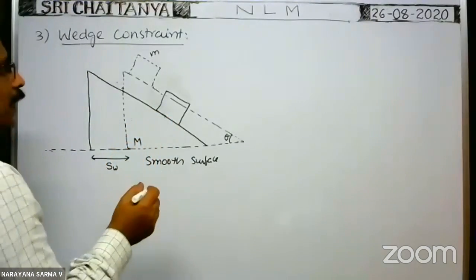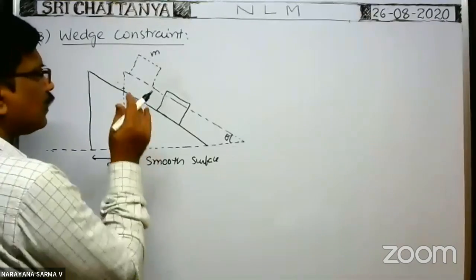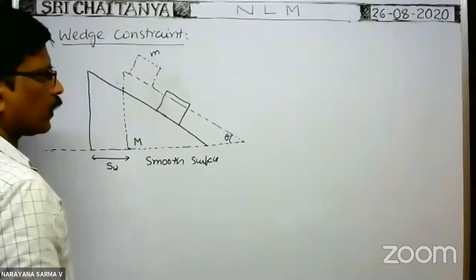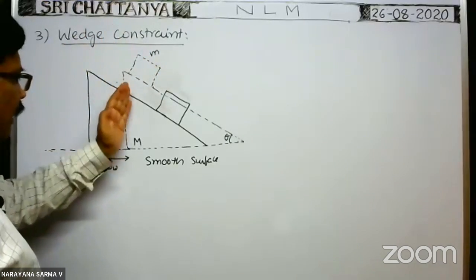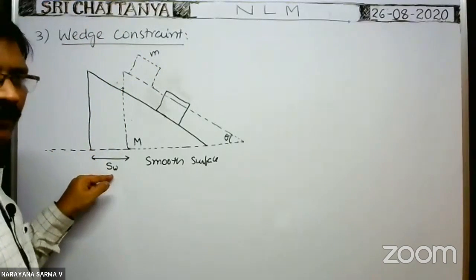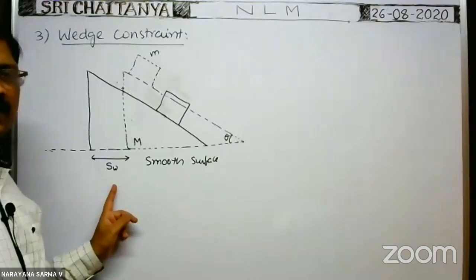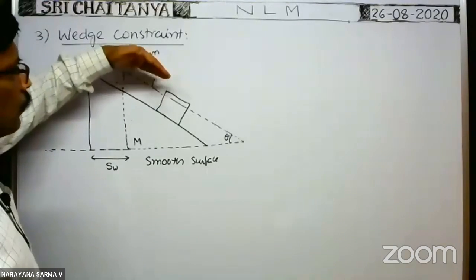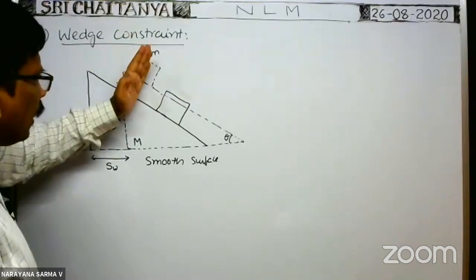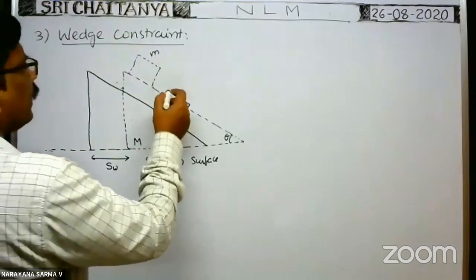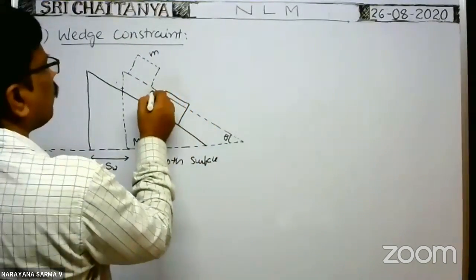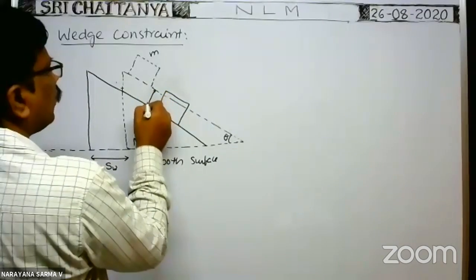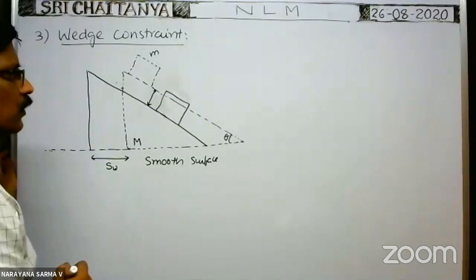At the same time, perpendicular to the inclined plane, what is the distance traveled by the block? Initially, the block is here. When the wedge has displaced through a distance SW, the block comes to this position. That means, perpendicular to the incline, what is the distance traveled by the block?